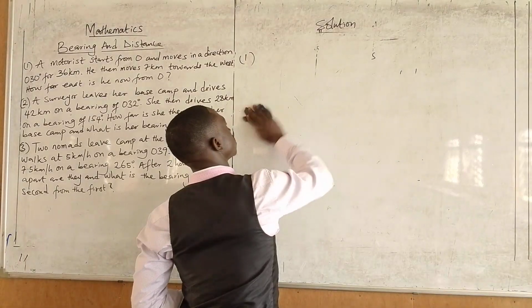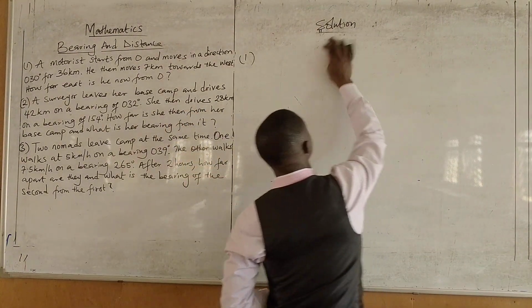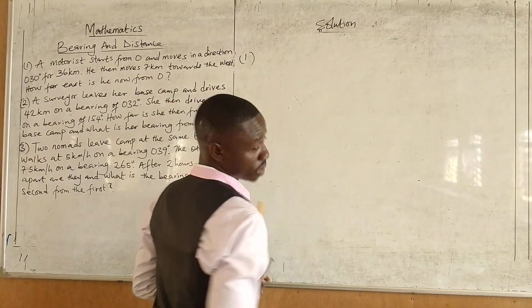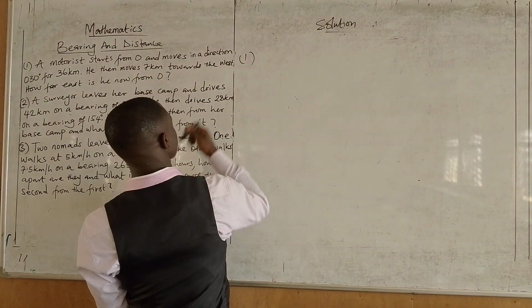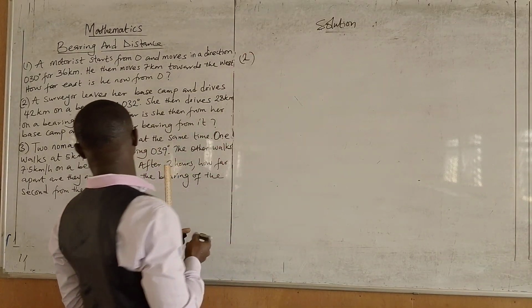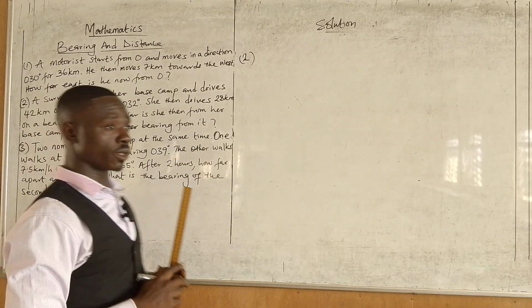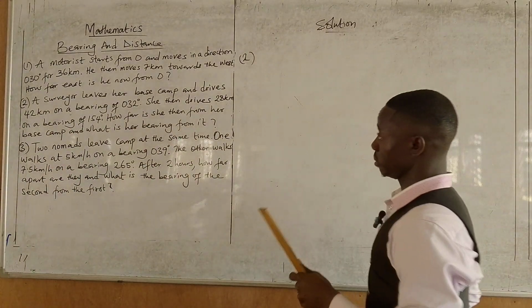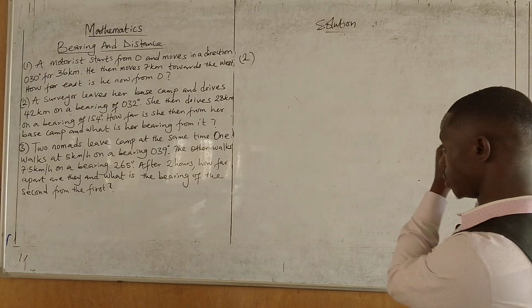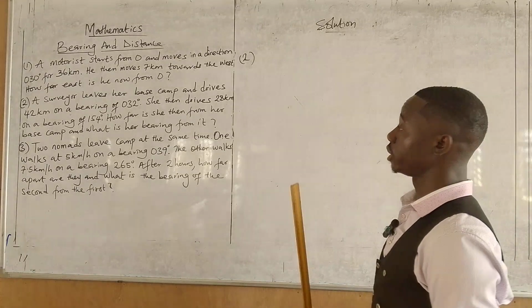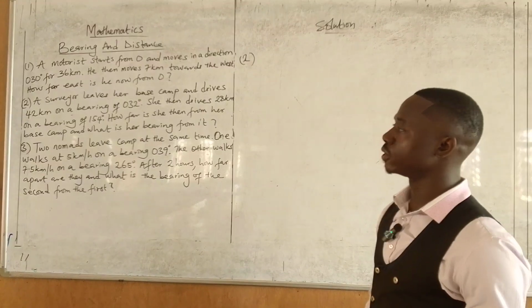Quickly, without wasting our time. The second question says, a surveyor leaves a base camp and drives 42 kilometers on a bearing of 32 degrees.